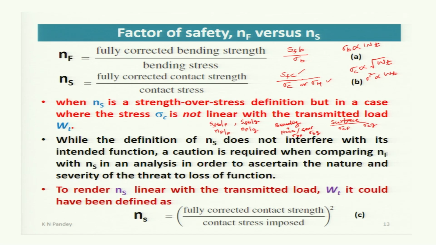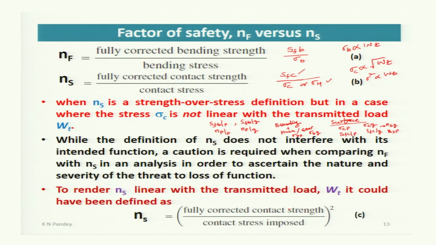And for the material of these two, we will determine the surface fatigue strength SFC for the pinion and SFC for the gear, and thus we will have NS for the gear and NS for the pinion. So we have 4 factors of safety.